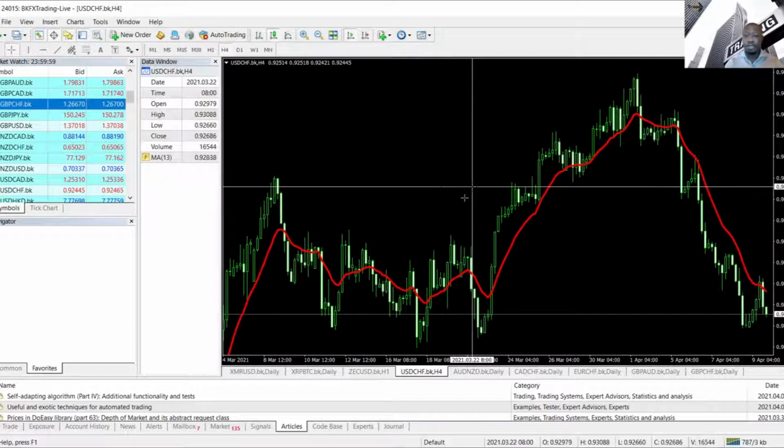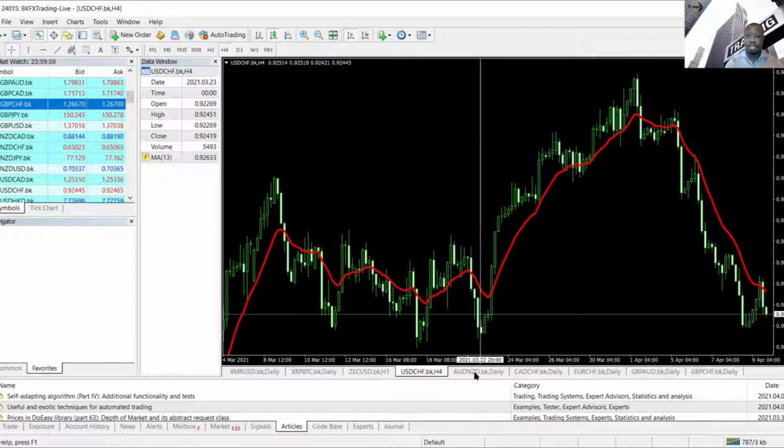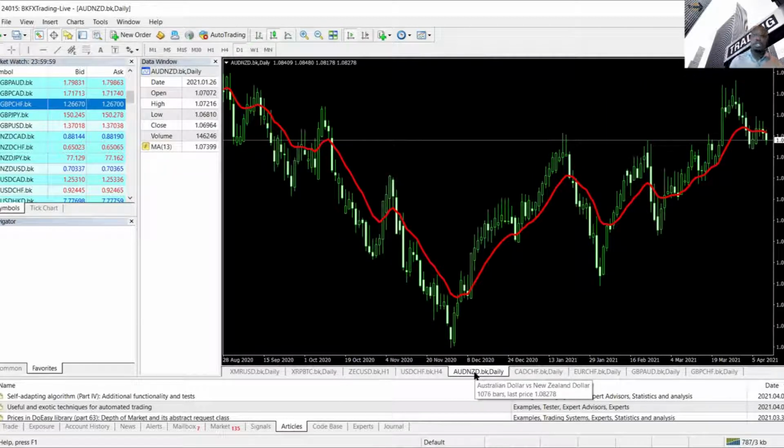Our next pair will be the Australian dollar, New Zealand dollar. Like we mentioned previously, we will use the 4-hour chart as our entry point for all of our trades this week.